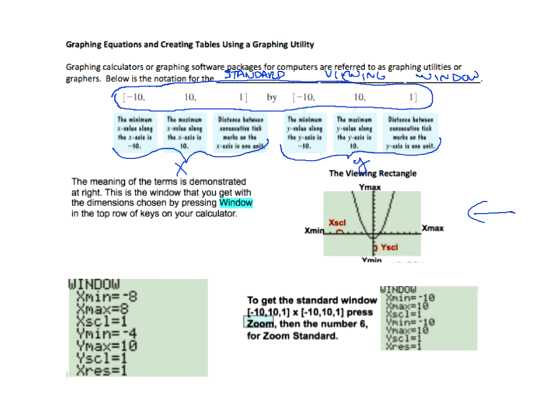So I press 6, and it quickly takes me back to -10, 10, -10, 10, counting by ones in both directions. I'll point out on the sheet here, you have all that listed right there, that keystroke information. It will take you from whatever the window's set in to the standard viewing window just with that keystroke.